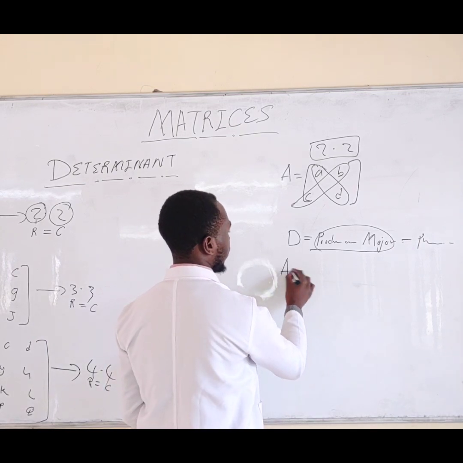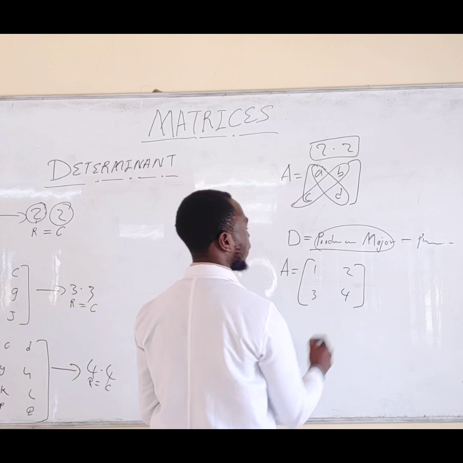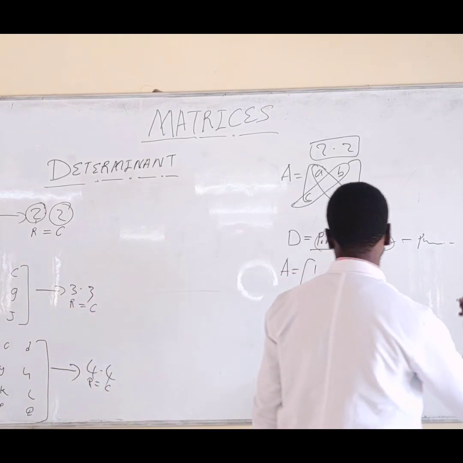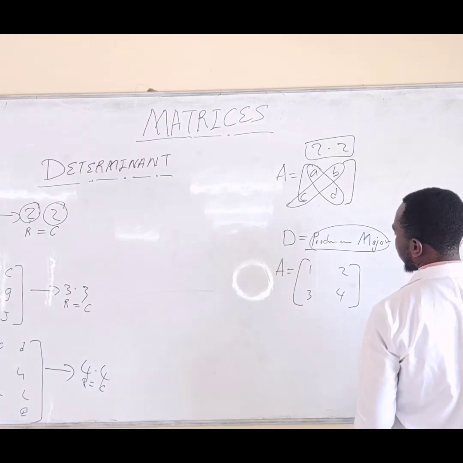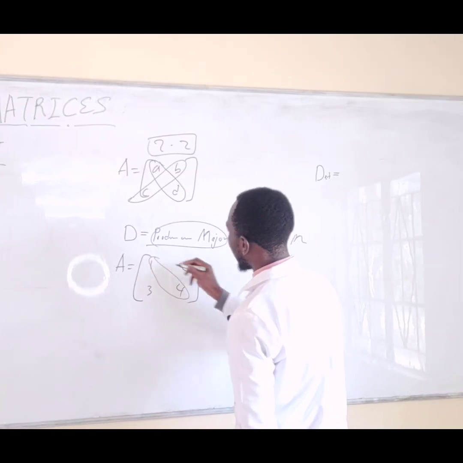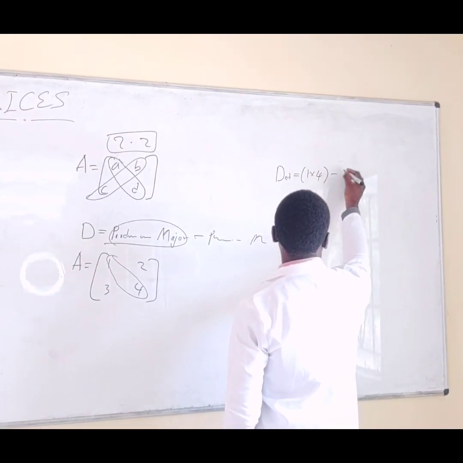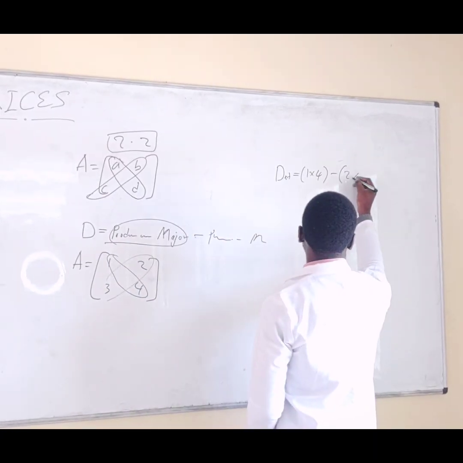Let's say our A is equal to 1, 2, 3, 4. You have something like this. What is the determinant of matrix A? You are going to say the determinant is equal to the product of my major diagonal, which is 1 by 4, then minus the product of my minor diagonal, which is 2 by 3.